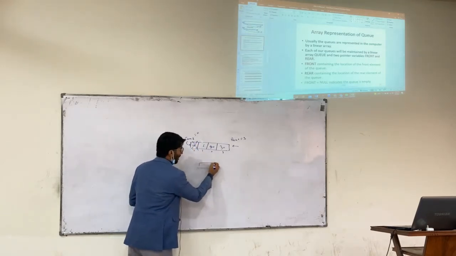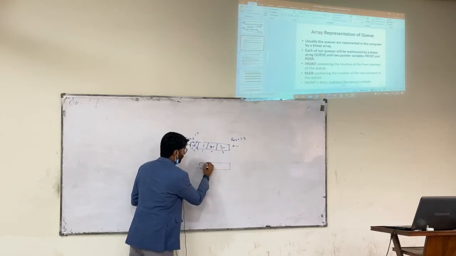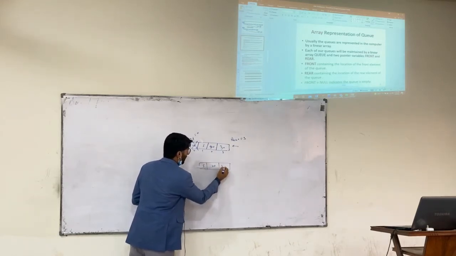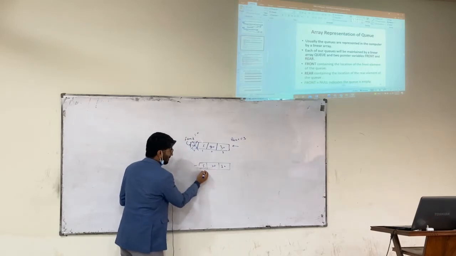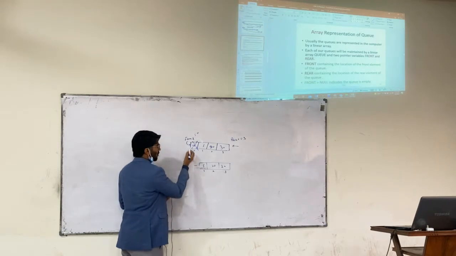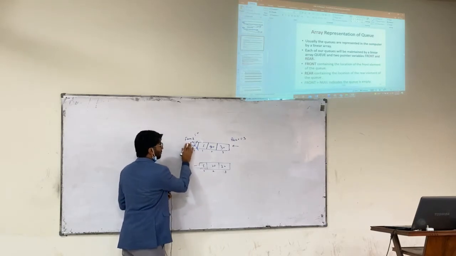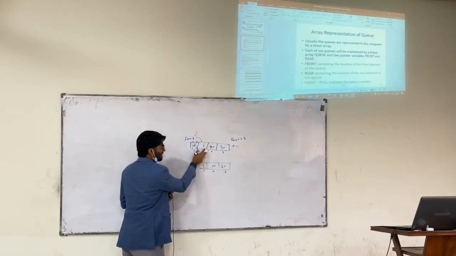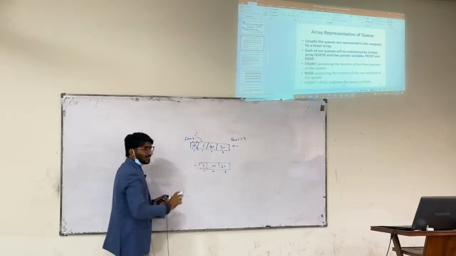Now this is your array: 5, 20, 30. This value was at 1, this at 2, and this at 3, right? So now your front will point to this one, because this is now the front.